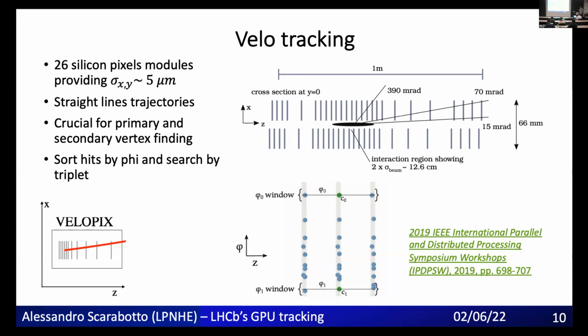So when we sort this, then we can do a search by triplet, and the search by triplet works like this. So this is 3 subsequent modules. We find a hit in the middle, and we try to look for the 2 hits in the layer before and after. So this is how we build our triplets.